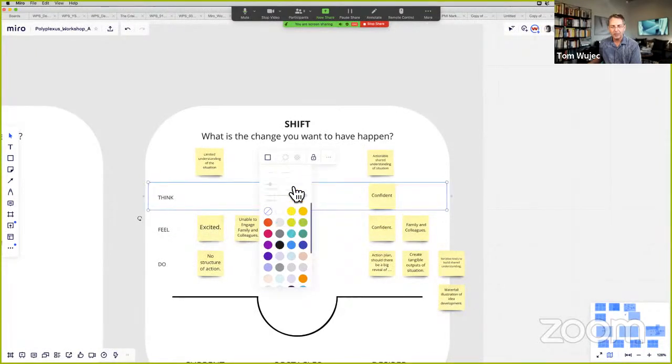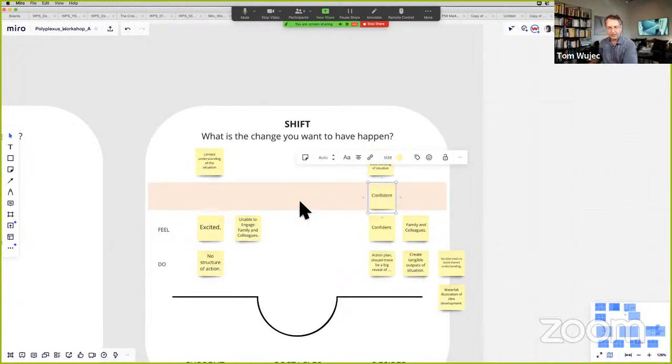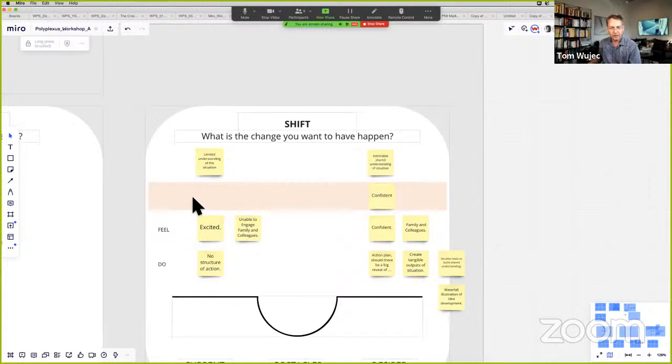No line with a fill here, maybe a nice light color. I'm going to bring these guys up to the top. Give me just a moment here.